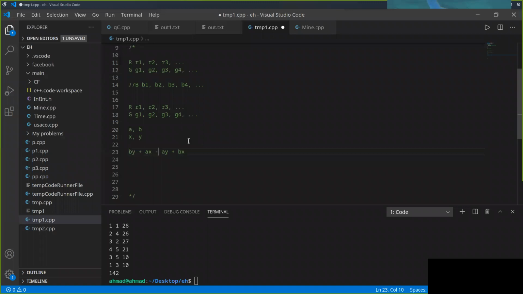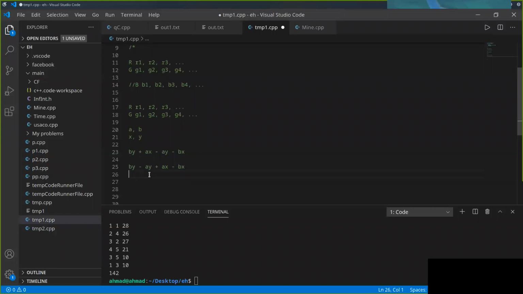So I'll subtract right from left, and then distribute the minus, and then reorder them to get the y's beside each other. So BY minus AY plus AX minus BX.